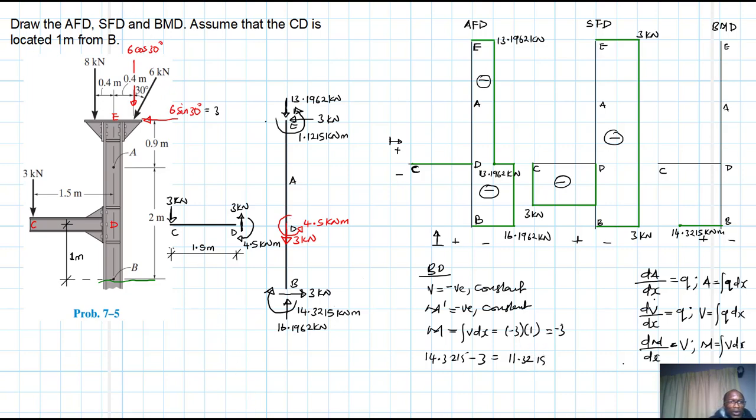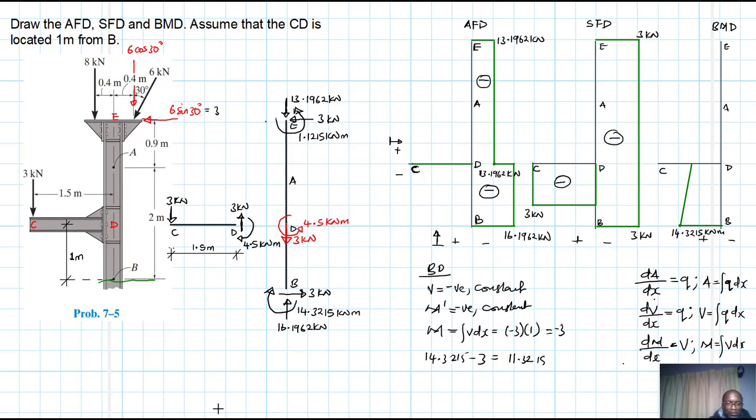So we'll have this final destination to D from here, and it will be linearly varying. It's a polynomial of degree 1, because since our slope is constant, a polynomial of degree 0, we expect the function for moment to be a polynomial of degree 1. So let's say it is going to go up to maybe somewhere there like so.